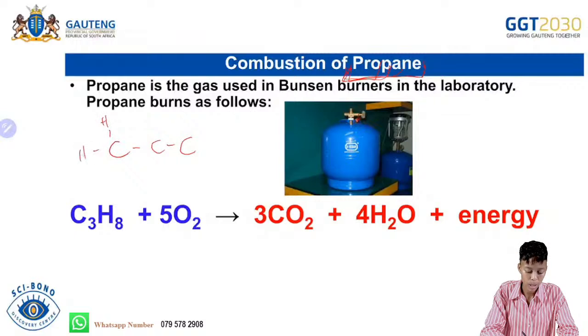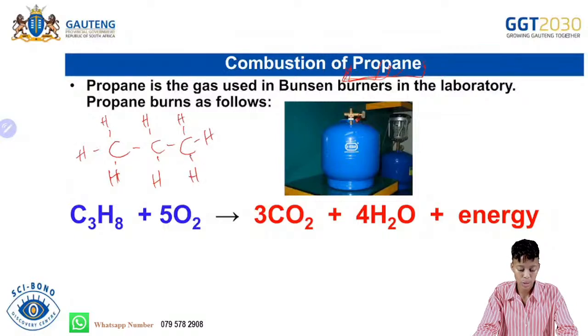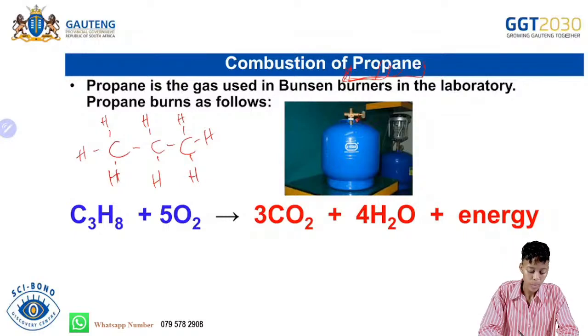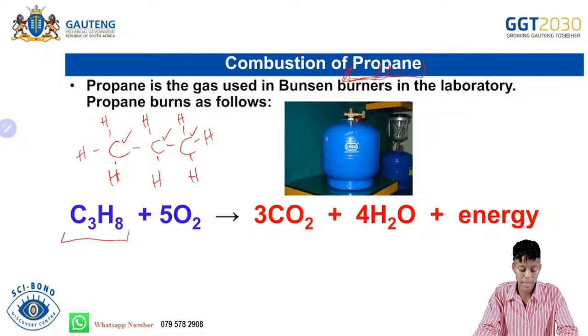So we know that we will have 3 hydrogens on the first carbon, and then on the second carbon, we are going to have 2 hydrogens, and on the third one, we are going to have 3 hydrogens as well. So from there, you need to write the molecular formula of your propane. How many carbons does this propane have? We can see that the propane has 3 carbons.